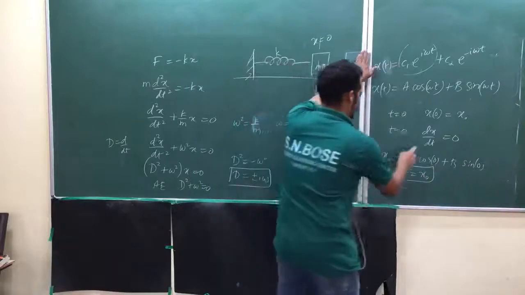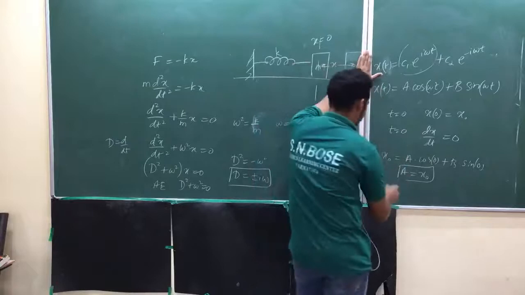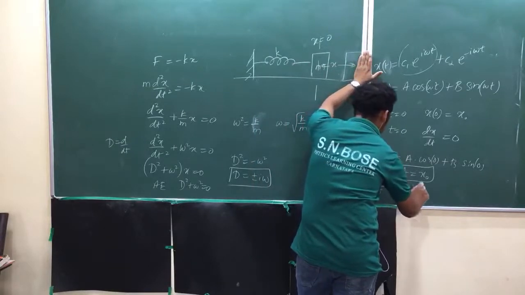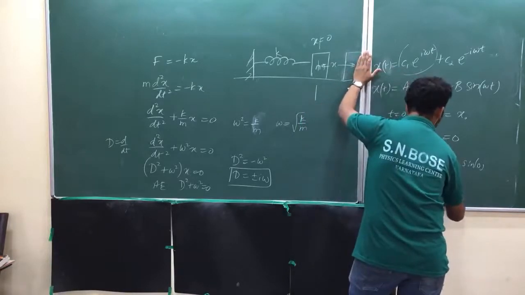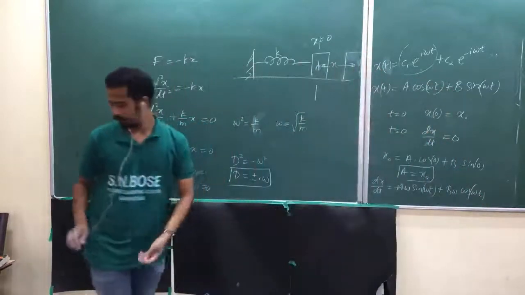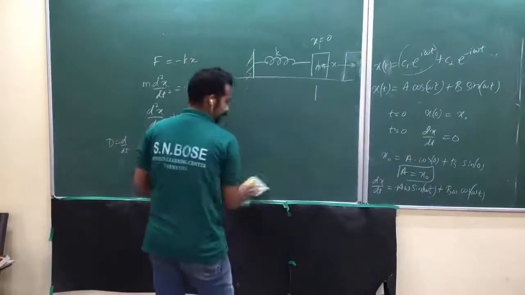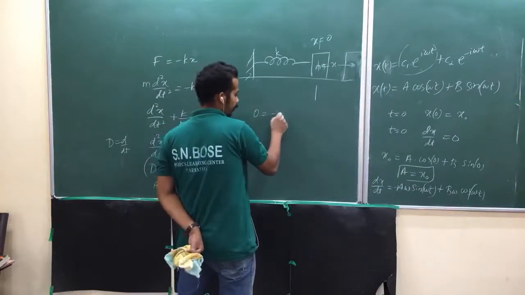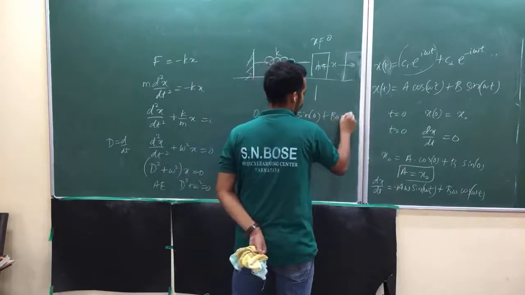Isn't it? So what is dx by dt? First find dx by dt, then put t equal to 0 and take the second condition. What is dx by dt? It is minus a omega sin omega t plus b omega cos omega t. Am I right? Then dx by dt at time t equal to 0 is 0, so 0 is equal to minus a omega into sin 0 plus b omega into cos 0.